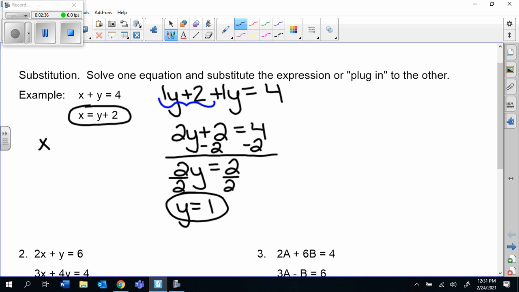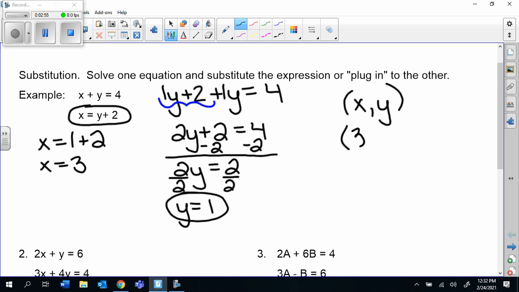So instead of y plus 2, we're going to substitute this value. So x equals 1 plus 2. 1 plus 2 is obviously 3. And so then we typically write our answer just like we did with graphing. We write our answer as an ordered pair. So it would be 3, 1.